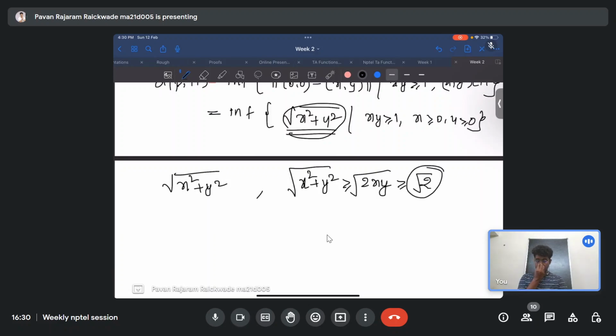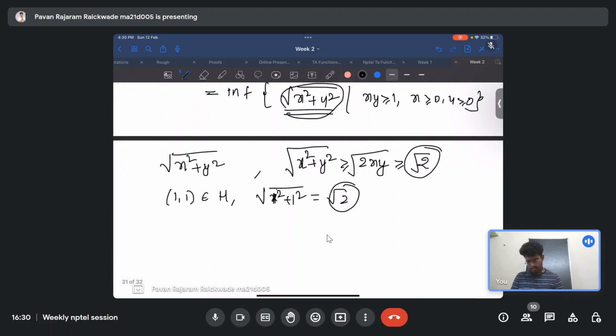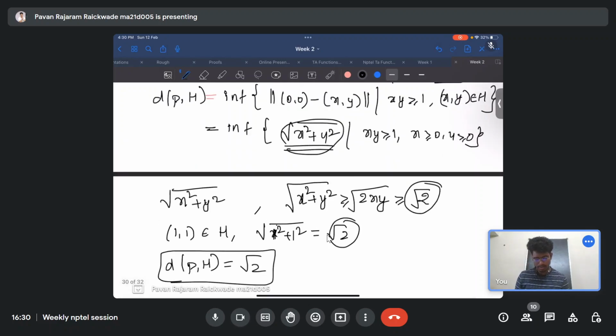What will be the infimum? If you can get a point in the set whose value is root 2, then that's the infimum. Take the point (1, 1). It belongs to H, and the square root of 1 squared plus 1 squared is root 2. So the distance of P from H is root 2. Okay, understood?